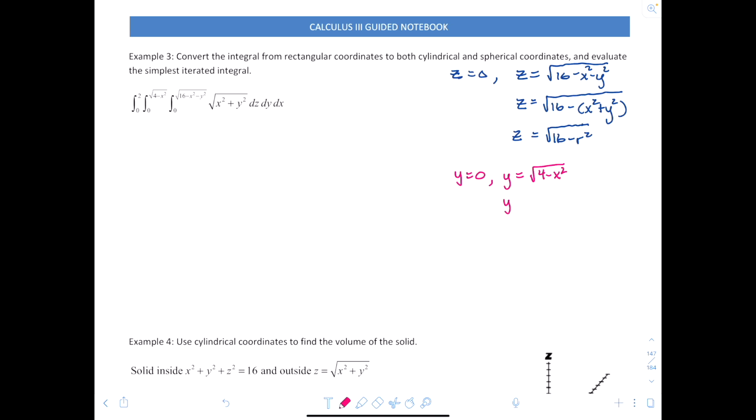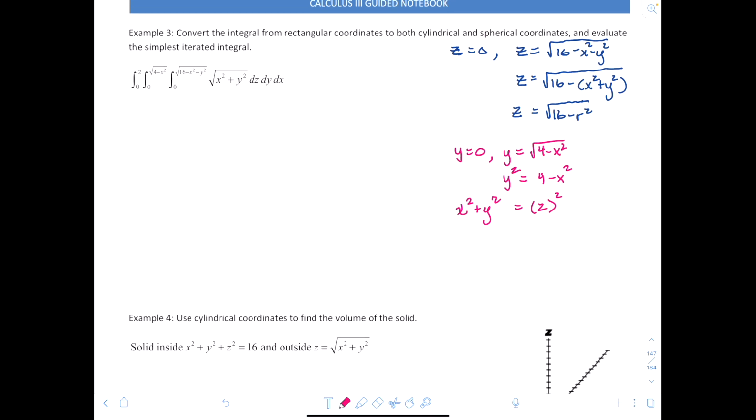So we would have y squared, if we squared both sides, would equal 4 minus x squared. And so that would give us x squared plus y squared equals 2 squared. Cool so far?